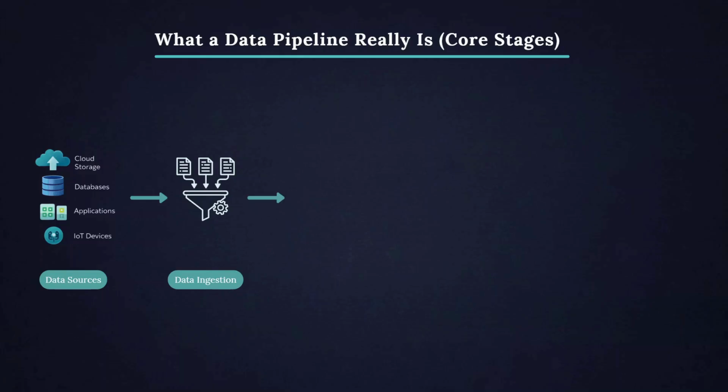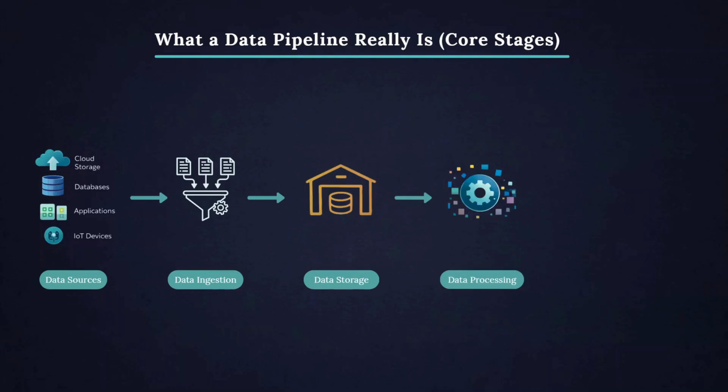We are just moving the data from where it lives into our pipeline. After data ingestion comes data storage. This is where the raw data is stored safely so that it can be accessed, processed, and reused later. Depending on the organization's architecture, this storage layer could be a data warehouse or a data lake. Once the data is stored, we move to the data processing layer, also known as the data transformation layer.